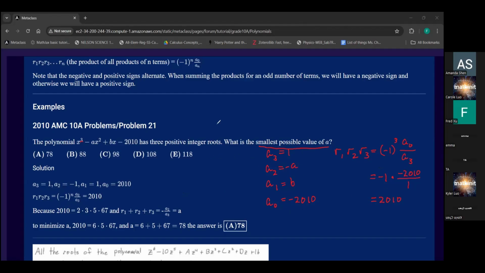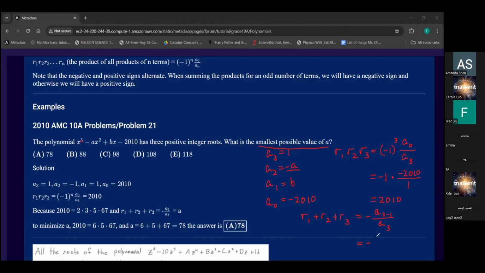The other easy one to figure out is R1 plus R2 plus R3, and this is equal to the negative of a of n minus 1 over a of 3. a of n, remember, is 3, so 3 minus 1 is 2.